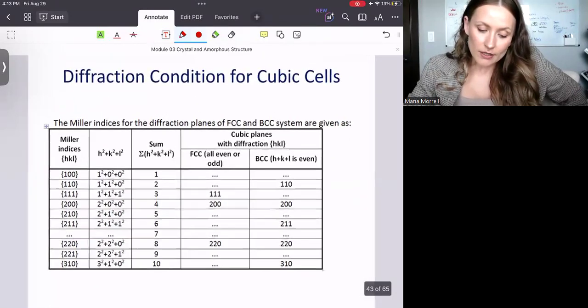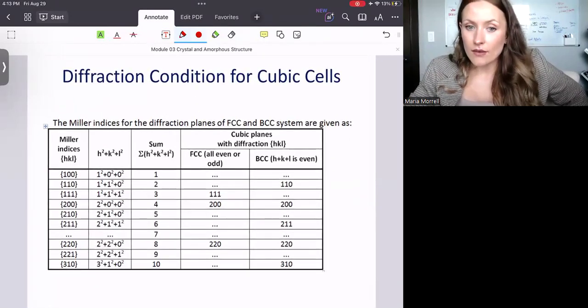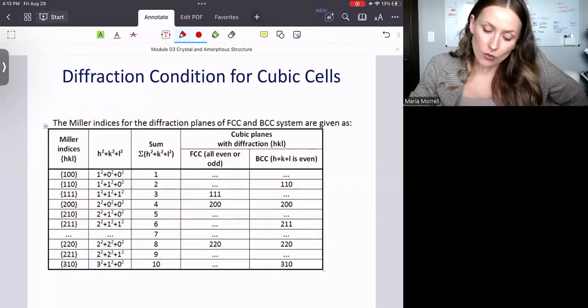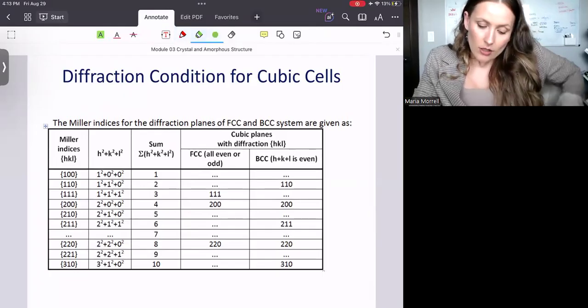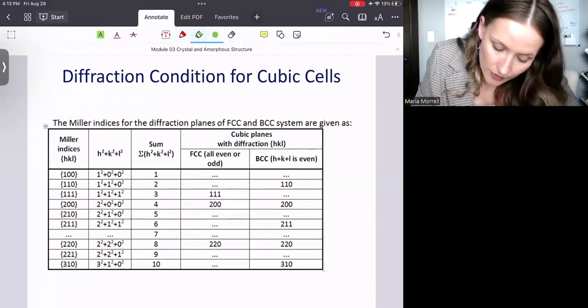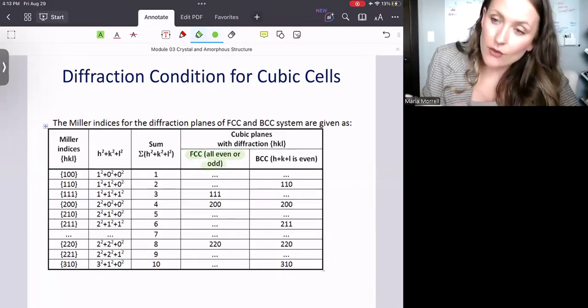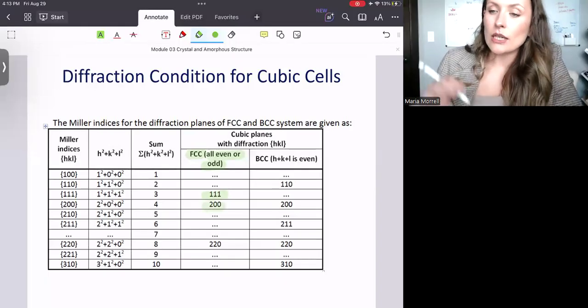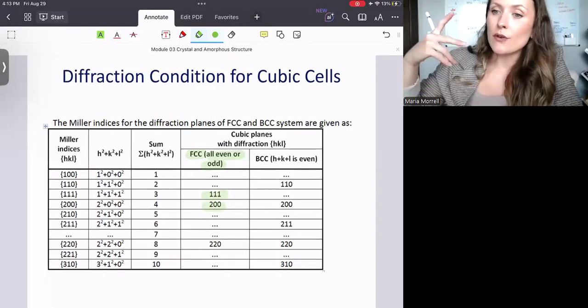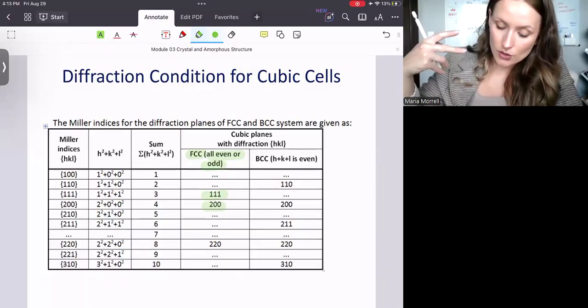You will be provided a table that summarizes everything. For FCC, all even or all odd gives 1, 1, 1, 2, 0, 0, and so on, but we're interested in the first two.